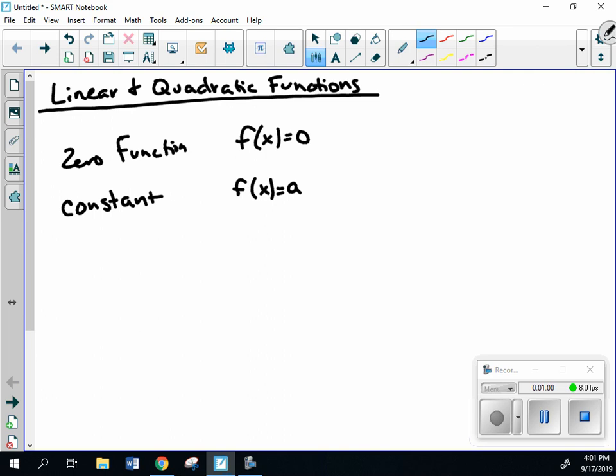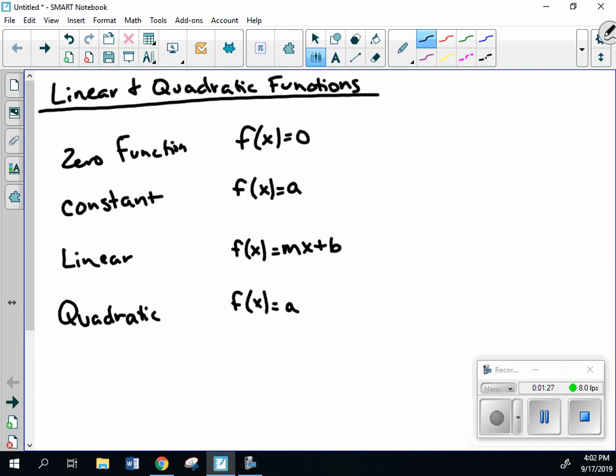Our next one is obviously going to be a linear function, which is in the form of f of x equals mx plus b. You could also think of this as ax plus b if you really wanted to, but this is just the slope. This is just an equation of a line. It's a linear. Quadratic is in the form, in standard form, ax squared plus bx plus c.